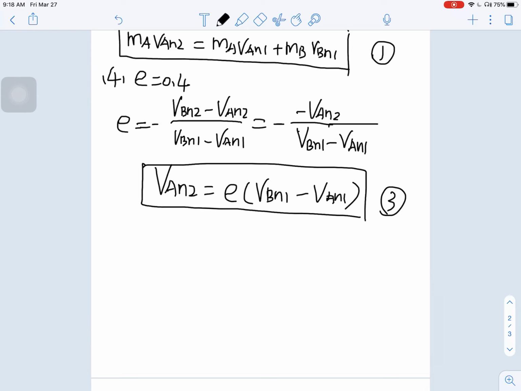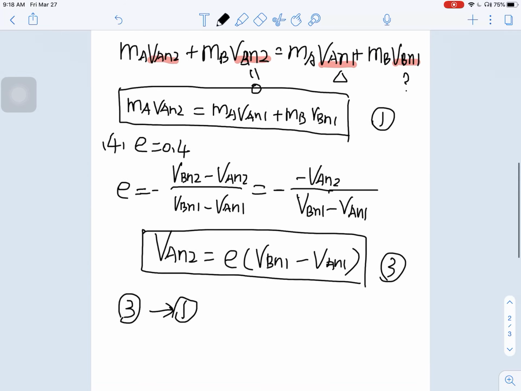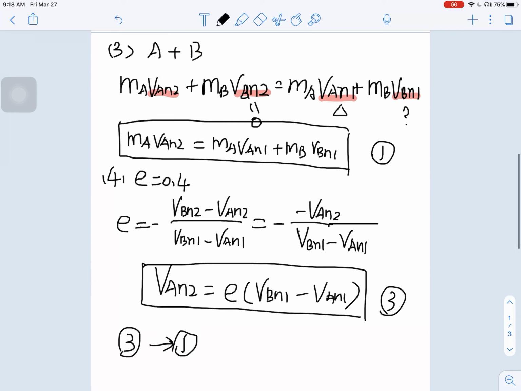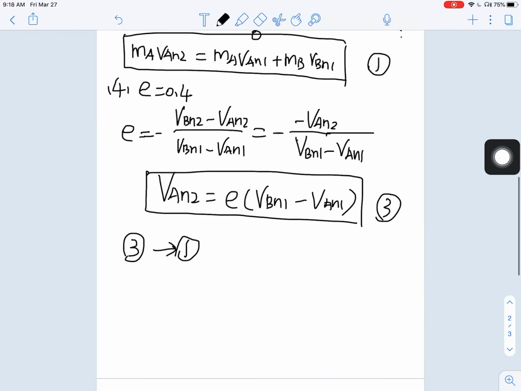We can substitute equation 3 into equation 1 and solve for VBn1. So let's do that.